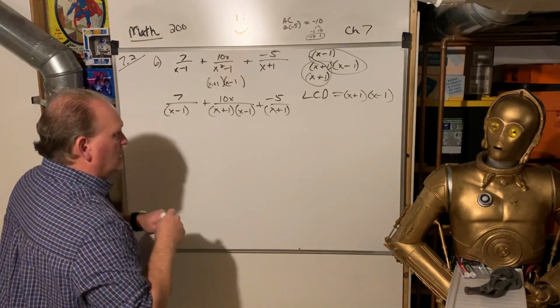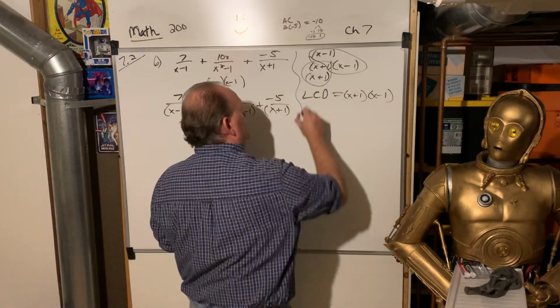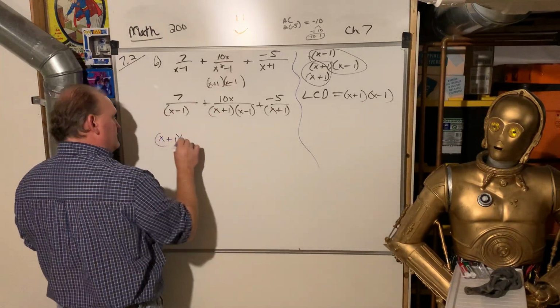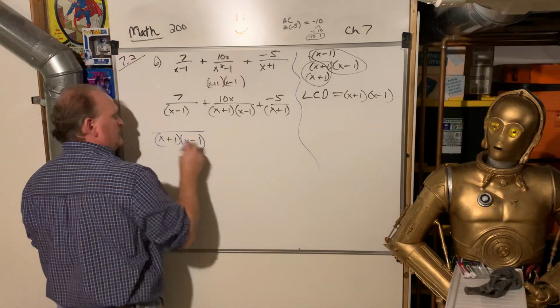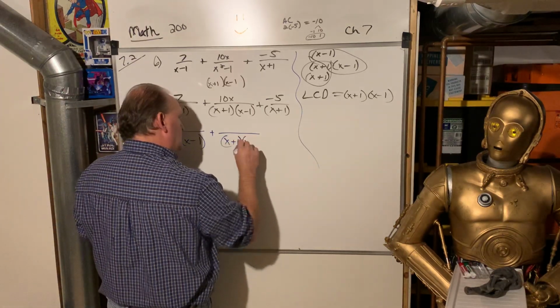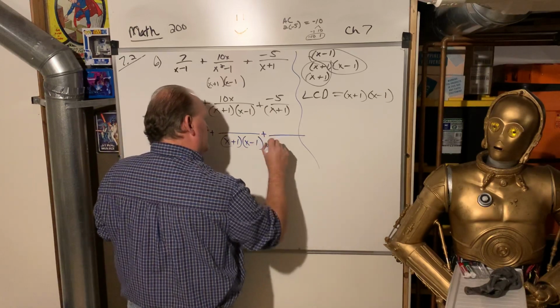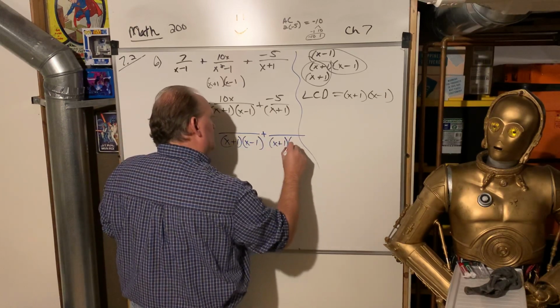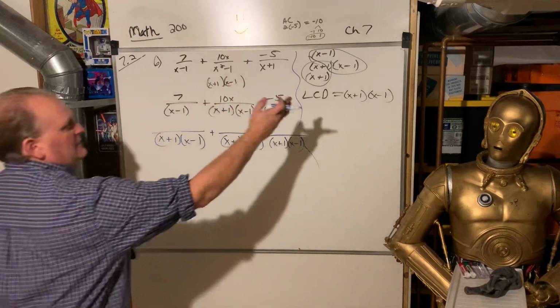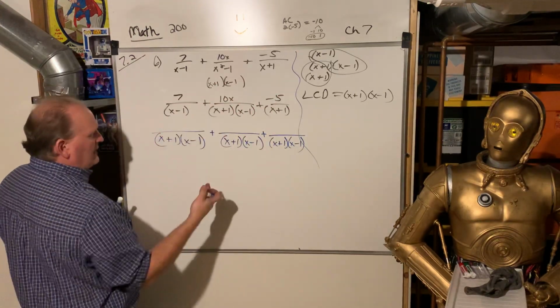Okay? And so we're on a vision quest. This is an expression. We're trying to get it to be x plus 1, x minus 1 in the denominator. Lots of writing with these problems, okay? So we've got that LCD there, there, and there. Now we work backwards.